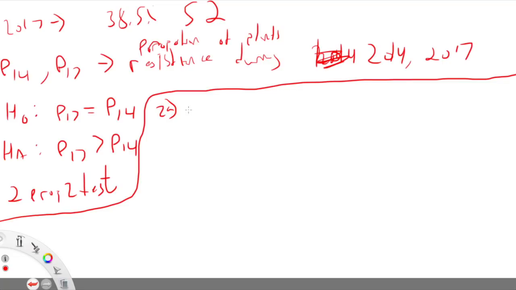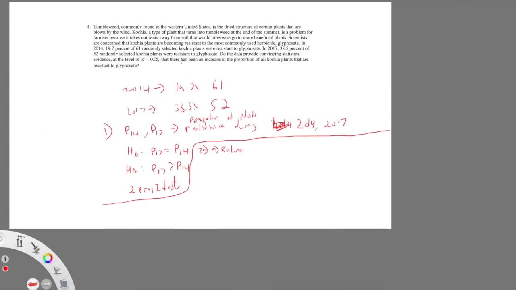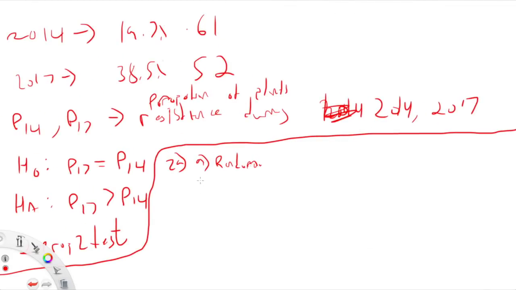So let's go with A, B, C. For randomness, you can look in the problem, I believe they say right here that they're randomly selected, so that takes care of that.